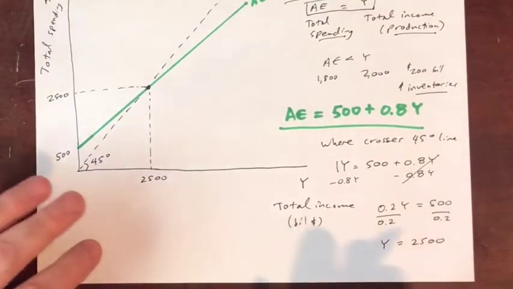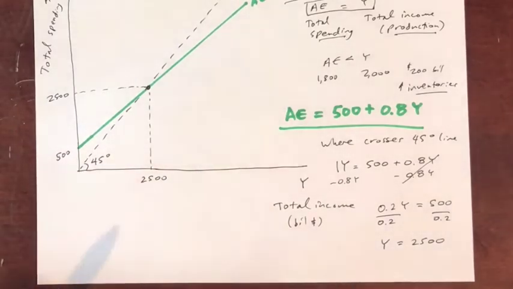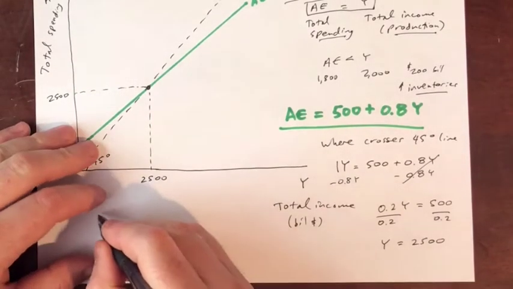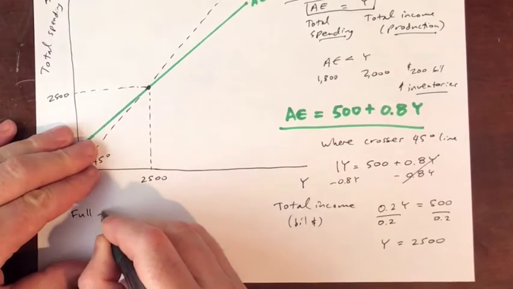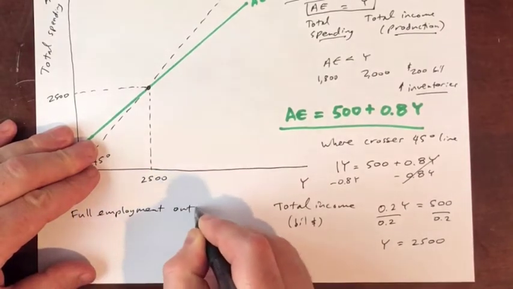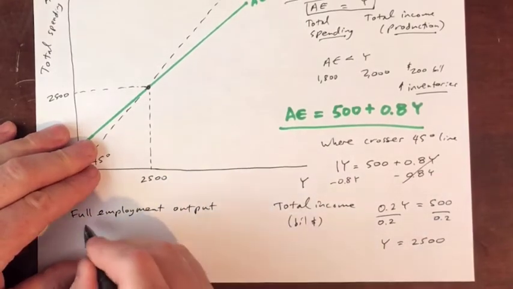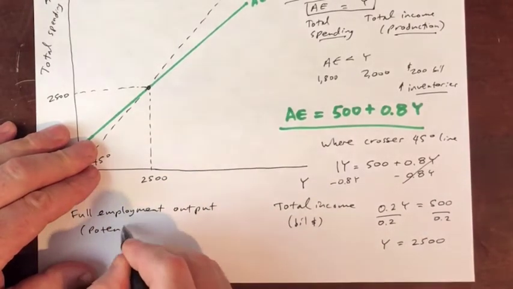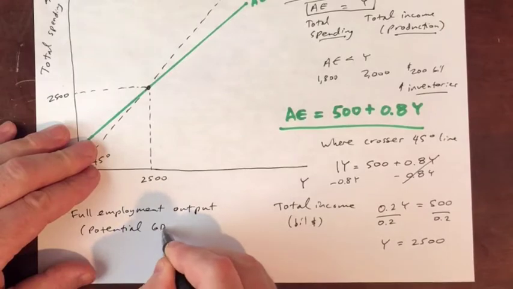All right. Now, there's one additional piece of information that we need to fill in this picture. What we need to know is what is the full employment level of output. The full employment level of output is also known as the potential level of GDP.